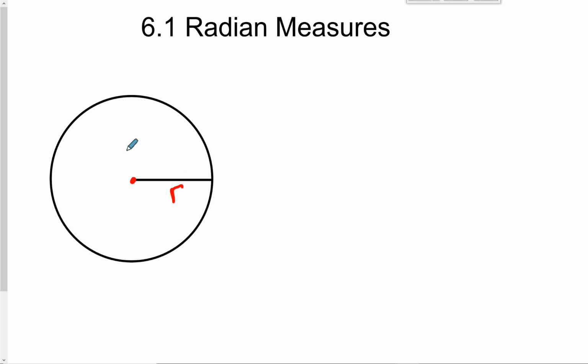So if I have some circle with a radius of r, the length around my circle is called the arc length. There actually is no h on it, so my arc length. And so I have some sort of arc length around.